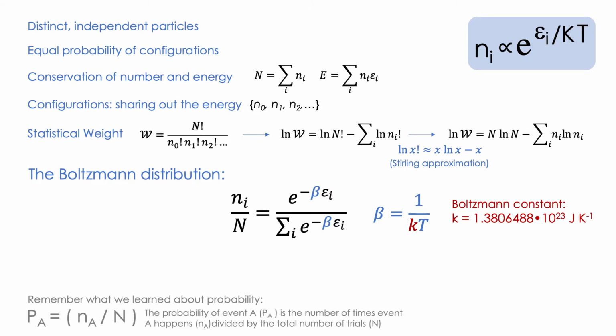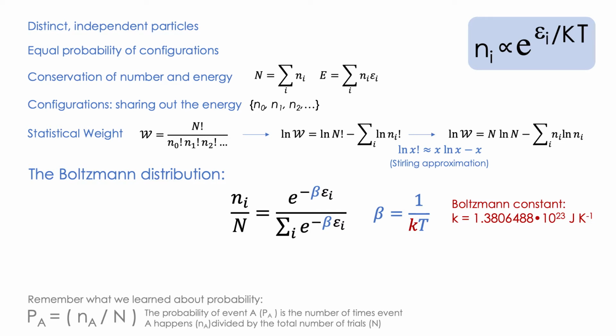Now, remember what we learned about probability in the previous lecture. We said that the probability of event A, P sub A, is the number of times the event A happens, N sub A, divided by the total number of trials. And now look at the Boltzmann distribution. We have the number of particles or molecules, N sub i, divided by the total number of particles.